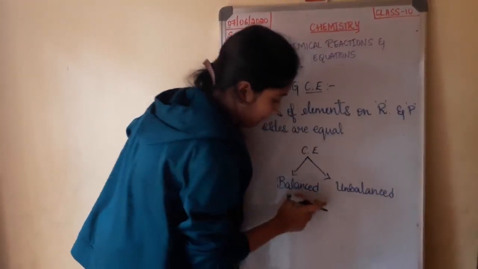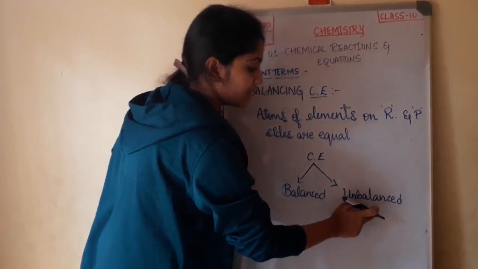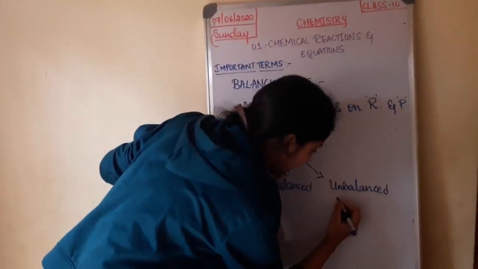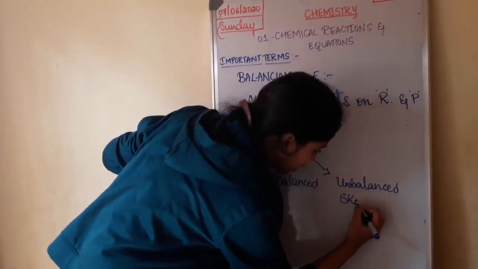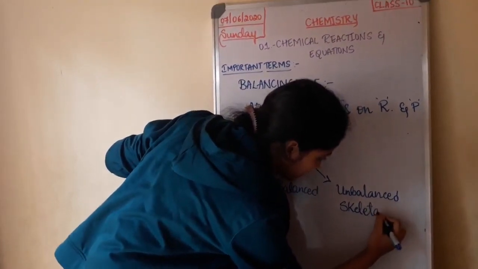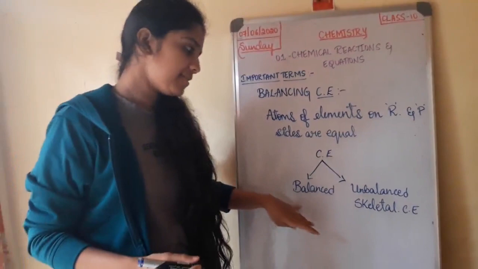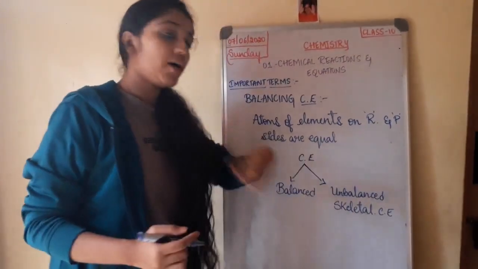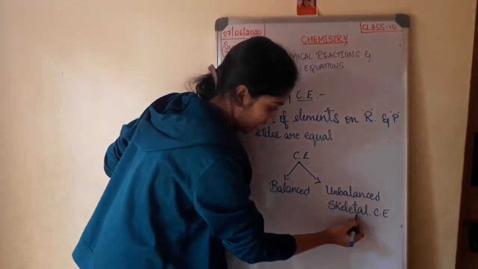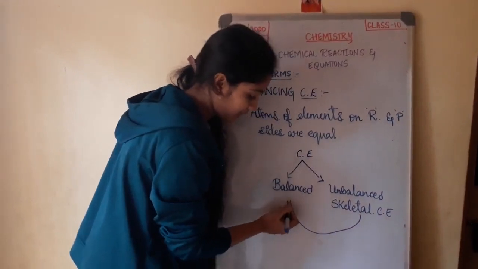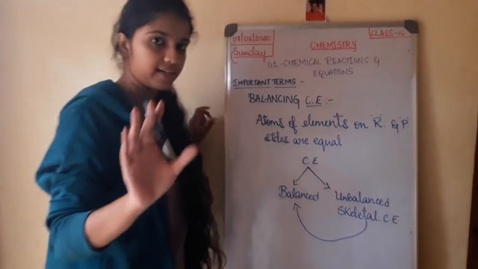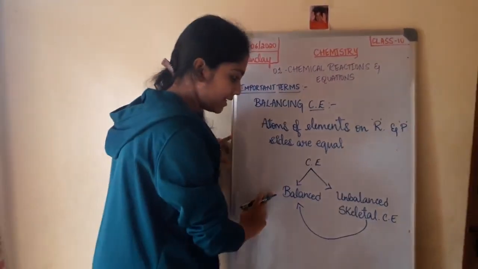Unbalanced chemical equation is also called the skeletal chemical equation. Now we are going to learn how to change the skeletal chemical equation into a balanced chemical equation. First, let me give you examples of balanced and unbalanced.